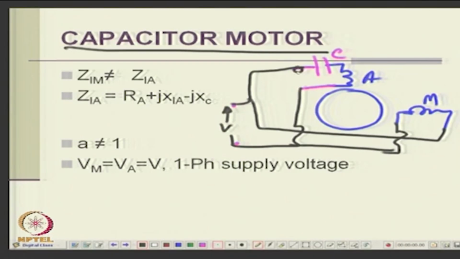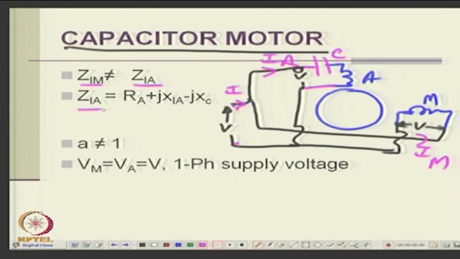But here the V will be coming across the capacitor plus the winding. So, it will also draw a current Im, Ia, and this will be the current I. So, again you can calculate the performance. What is the difference here? Again ZLM is not equal to ZLA, isn't it?